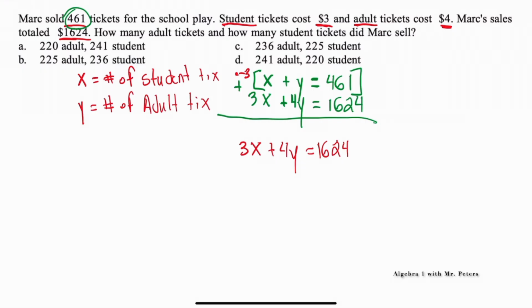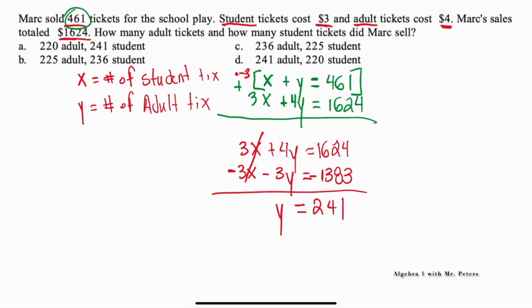And when we rewrite our equation, we're going to have -3x minus 3y is equal to -1383. So x variable cancels out. We're left with y is equal to the difference of 1624 and 1383, which is going to be, let's see, 241. So we know that's the amount of what?